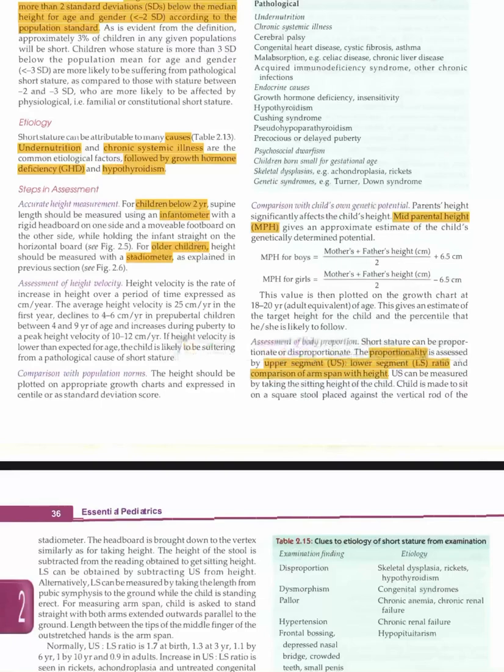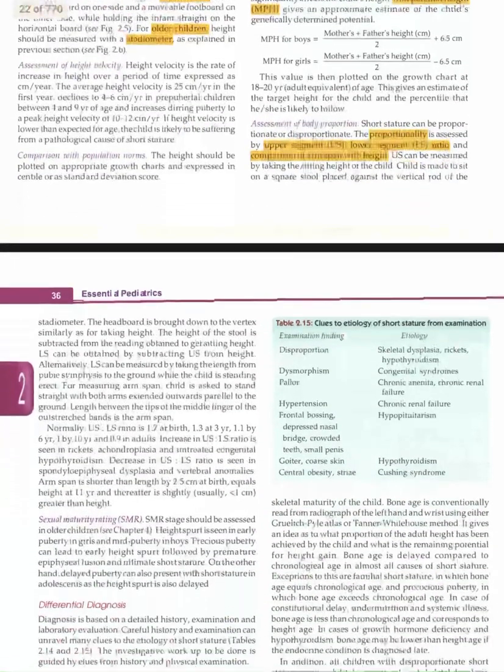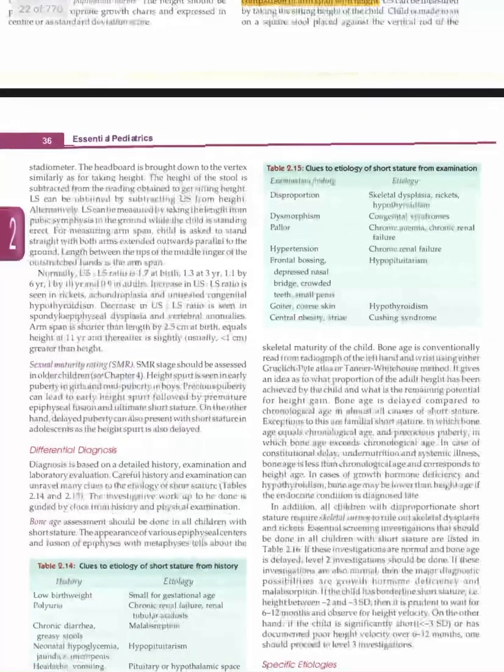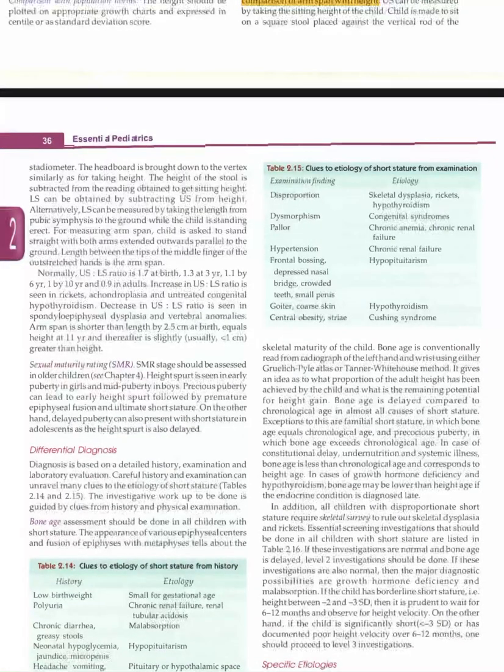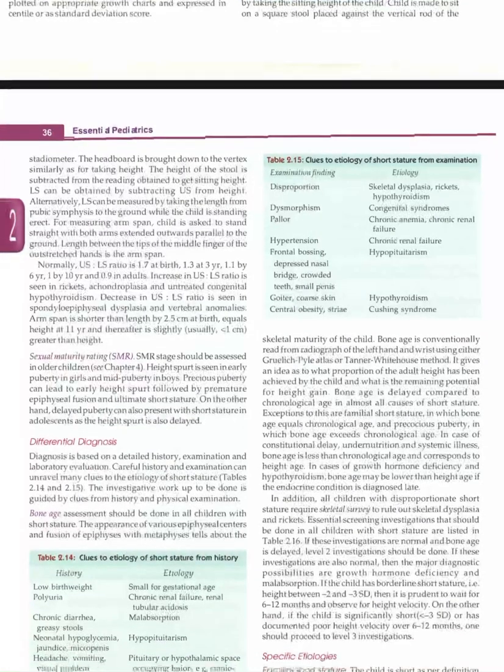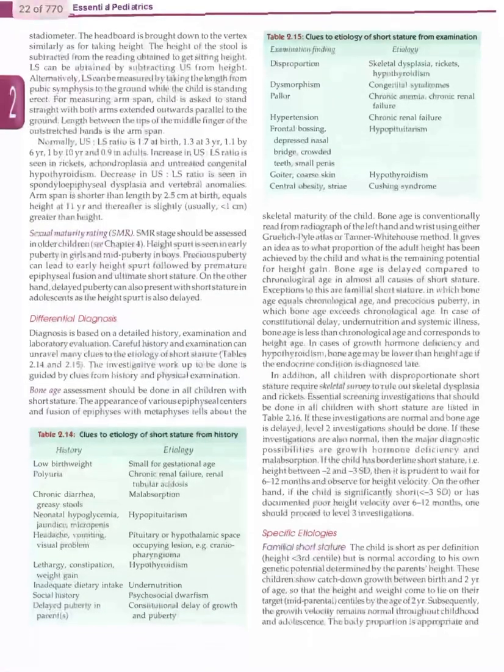The child is made to sit on a square stool placed against the vertical rod of the stadiometer. The headboard is brought down to the vertex. Similarly, as for taking height, the height of the stool is subtracted from the reading obtained to get sitting height.